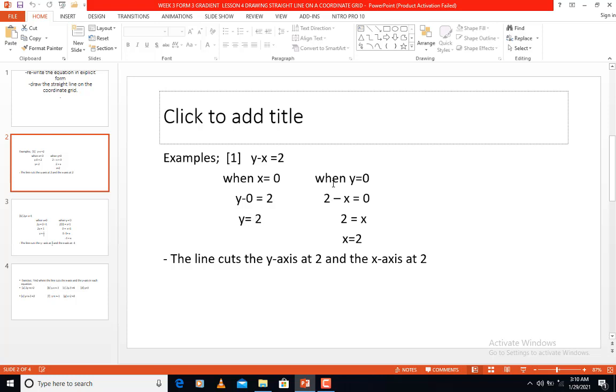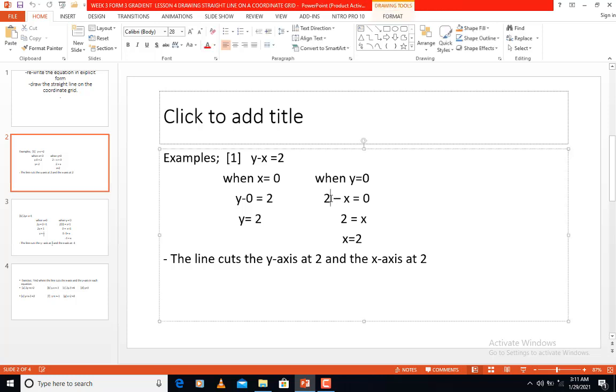You move on again to when y is equal to 0. What is the value of x? So when y is 0, we have 0 minus x is equal to 2.